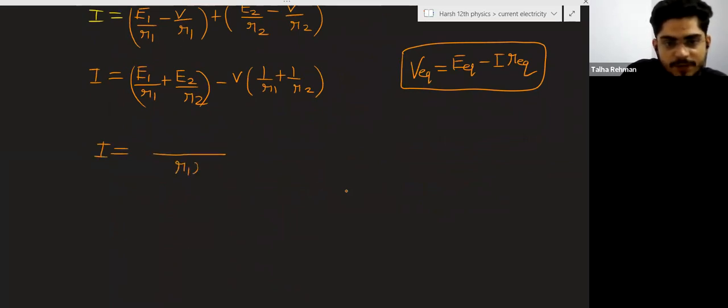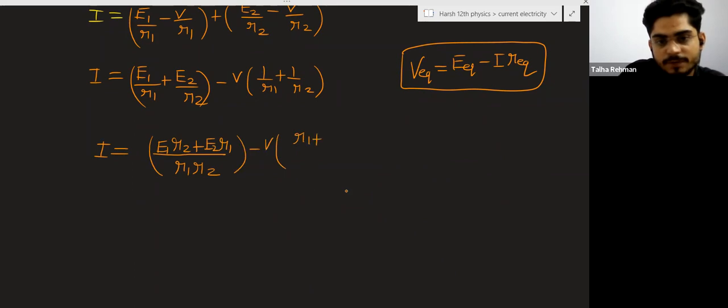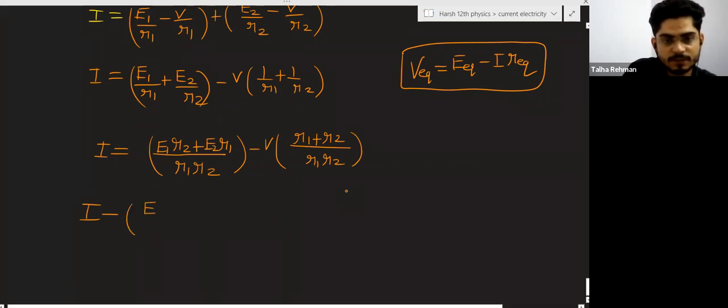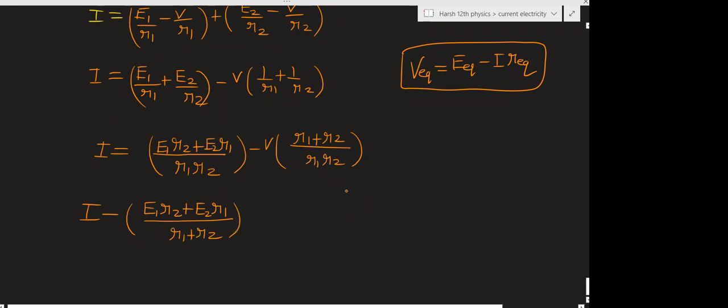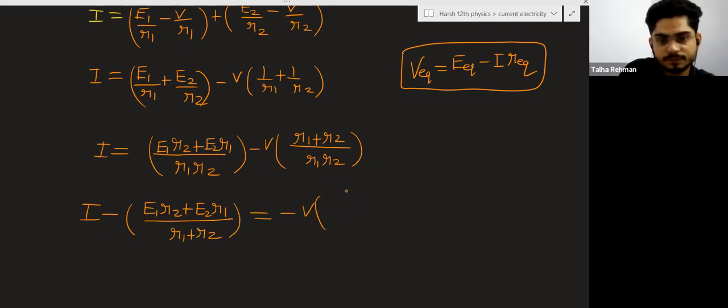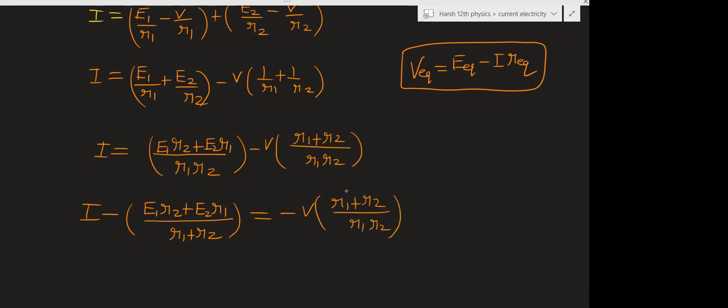So now just calculate it further. Take the LCM R1 R2. This will become E1 R2 plus E2 R1, and here also you will get R1 plus R2 over R1 R2. Now we have to find this V. So I am taking this I minus, this will become E1 R2 plus E2 R1 divided by R1 plus R2, minus V into R1 plus R2 divided by R1 into R2.